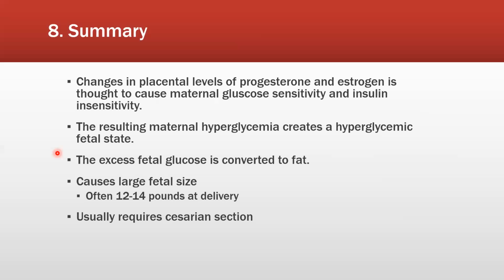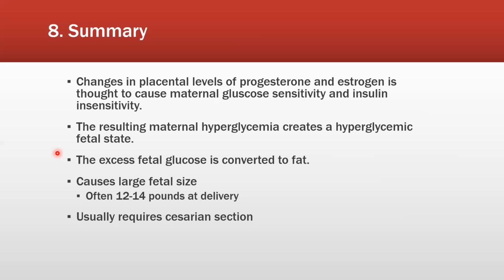Now, we should be taking blood glucose levels on mom and the newborn once it's delivered. If mom is hyperglycemic and it's been poorly managed or undiagnosed, then there's a good chance that in late stages of pregnancy her baby is going to be very, very large and most likely is going to need a cesarean section.